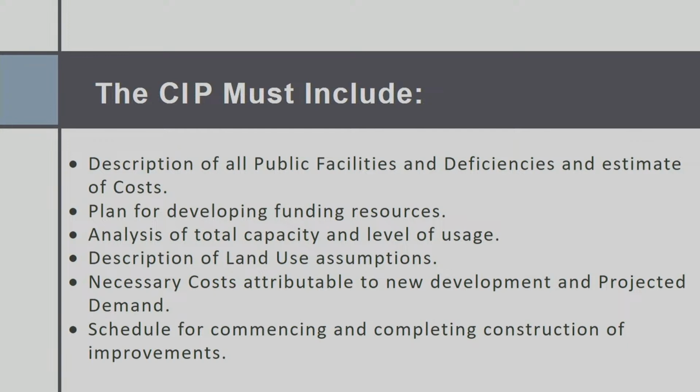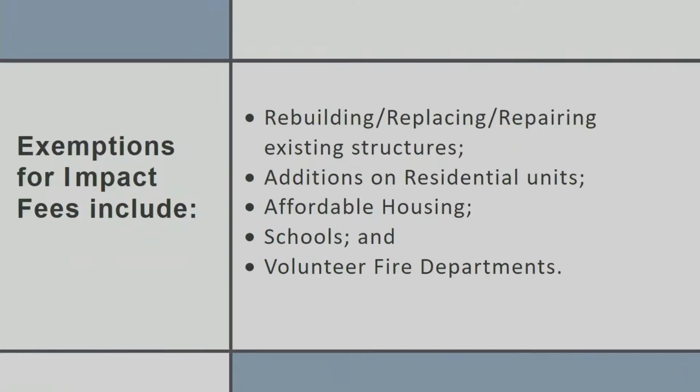That goes back to that data gathering. A description of all land use assumptions, that would be the zoning portion of it. Necessary costs attributable to new development and projected demand, and a schedule for commencing and completing construction of the improvements. That goes back to that 3-year time frame.